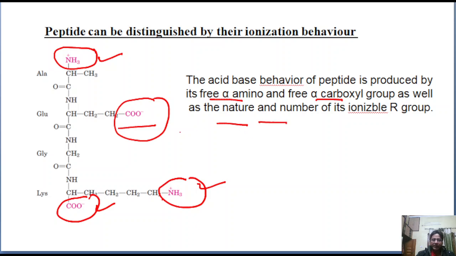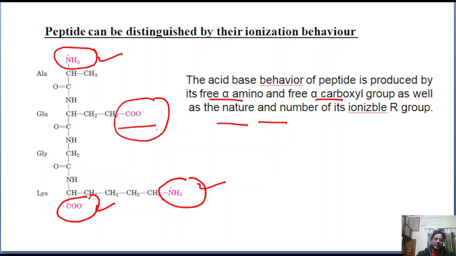So the number of amino acids and the nature of the amino acids, which types are present, whether polar, positively charged or negatively charged, and the number of positively charged and negatively charged amino acids, determine the ionization behavior.